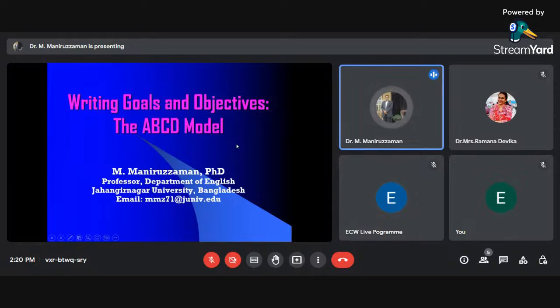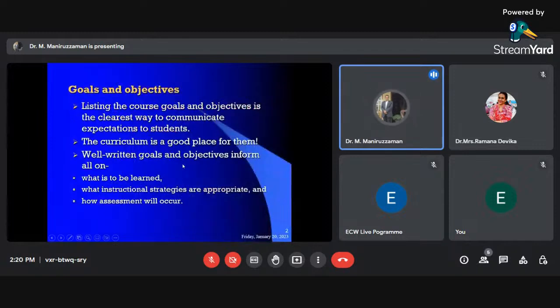So, goals and objectives are very important, and the curriculum is a good place for them. Well-written goals and objectives inform all on what is to be learned, number one; what instructional strategies are appropriate, number two; and how assessment will happen, number three.